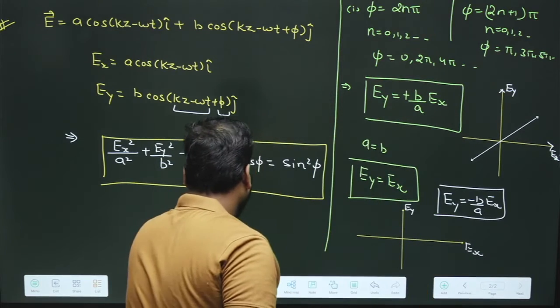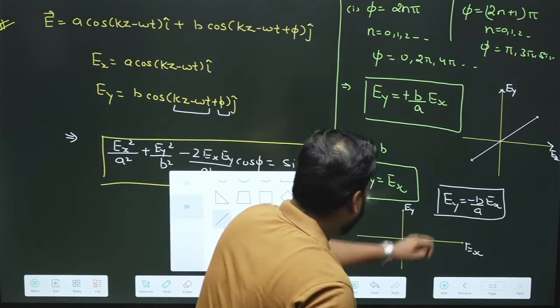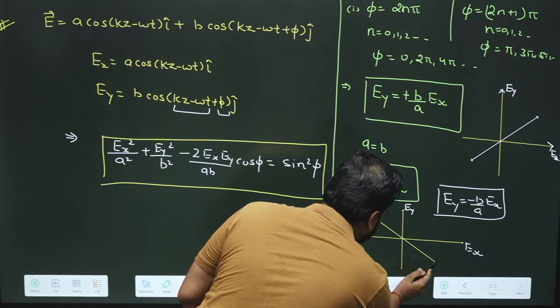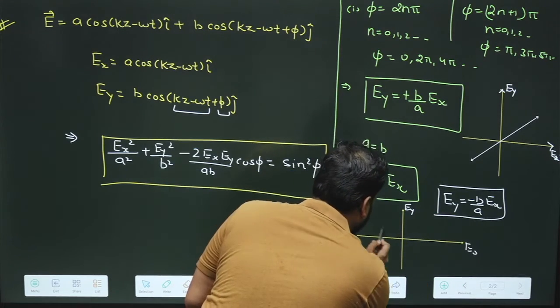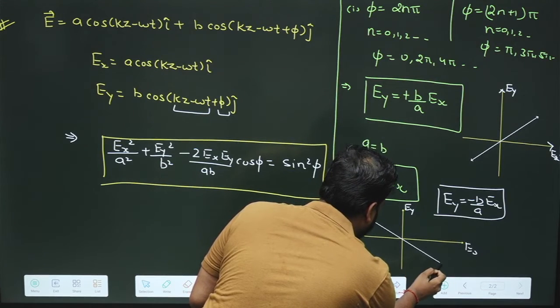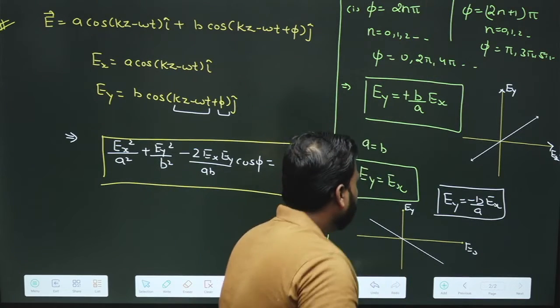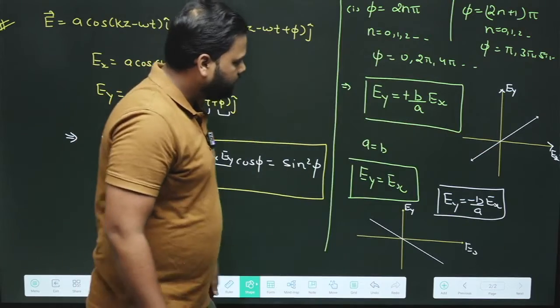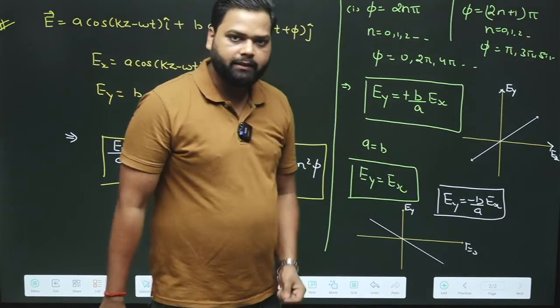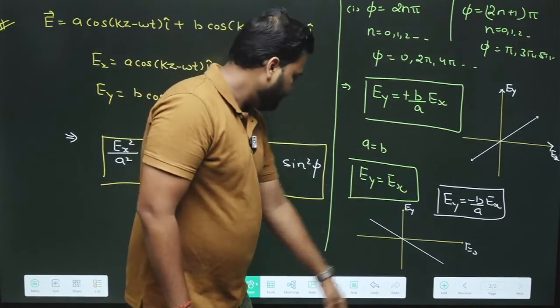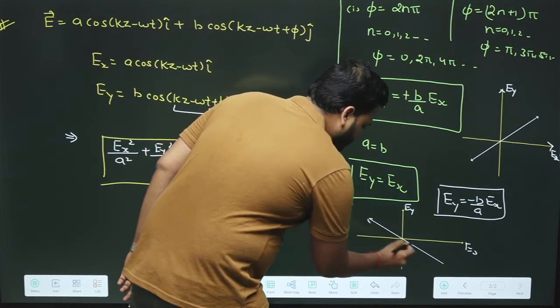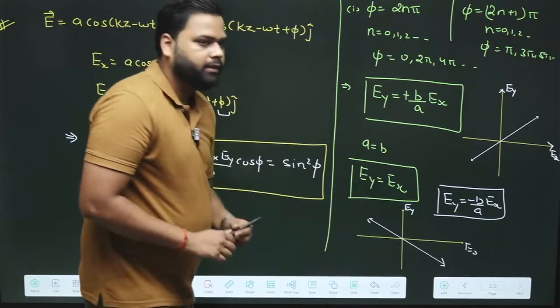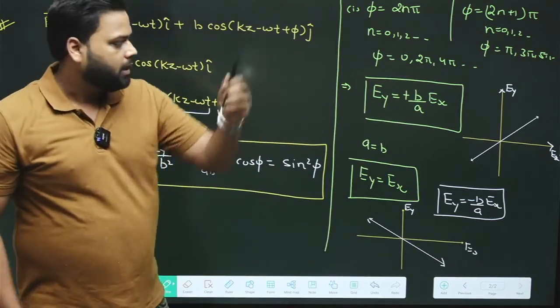Now, for this particular case, this will be the slope, the negative slope. That's it. So then the nature is not going to change. Nature is again plane polarized because again the electric field is spanning in a straight line, right? This is again a straight line equation and the electric field is spanning up and down.